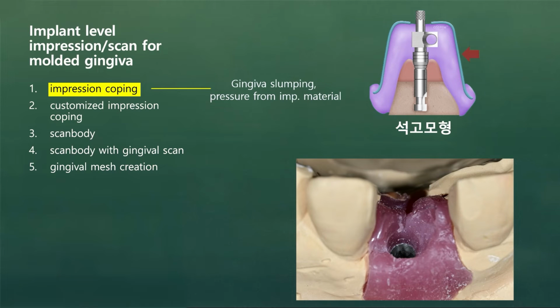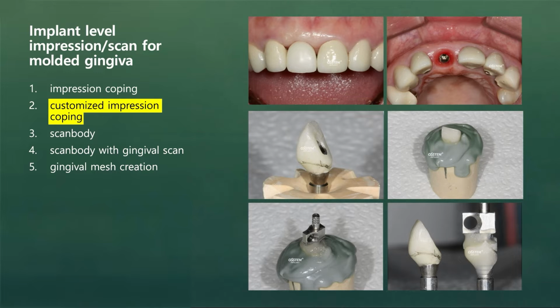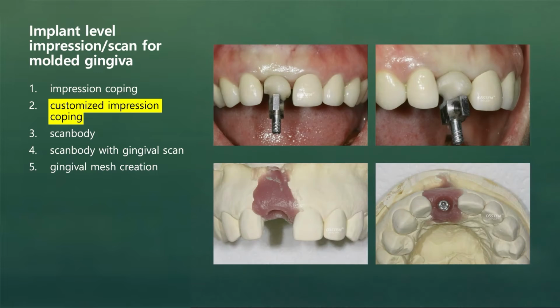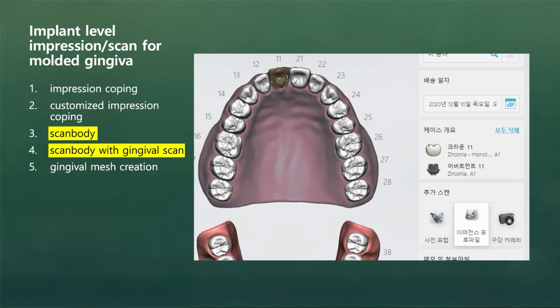But there is a possibility of temporary collapse or slumping if you are taking the temporary in and out, and the gingiva is not supported after the temporary is taken out. If you use a material with viscosity, there could be some collapse, so you need to take more consideration. Hence, copy the temporary running area and create a customized impression coping, and scan or take an impression with it, and create the model with the coping. Then the running room of the model will regenerate the temporary. That will be the ideal approach.